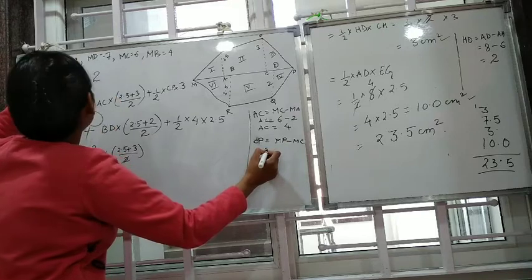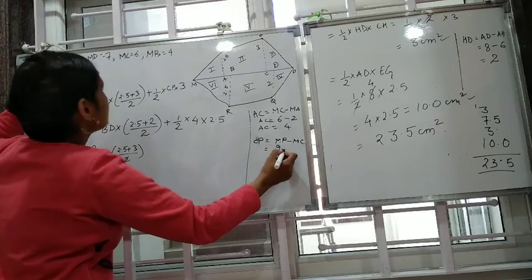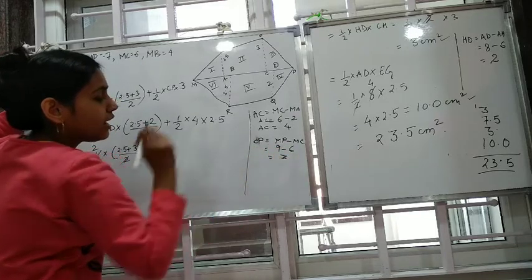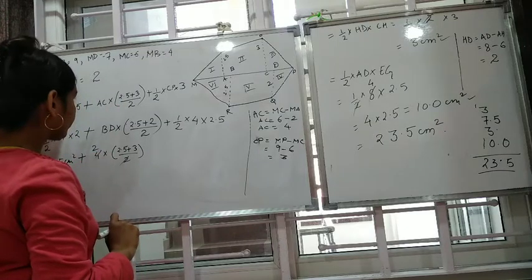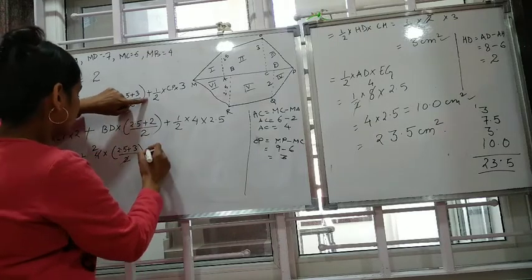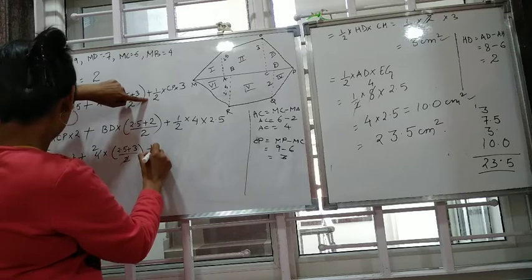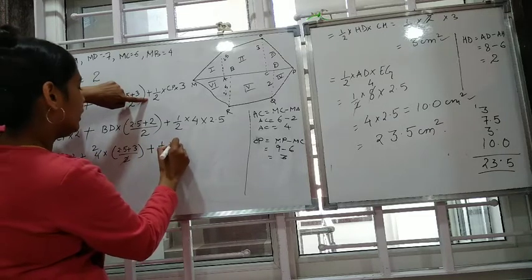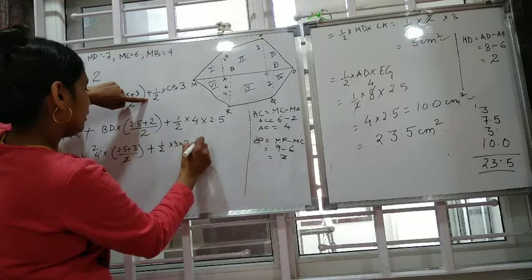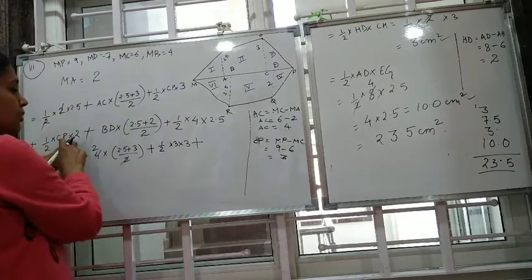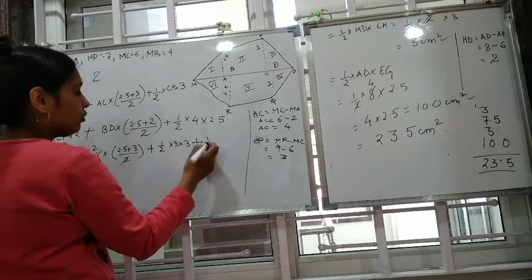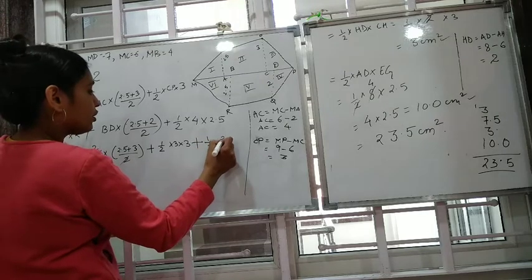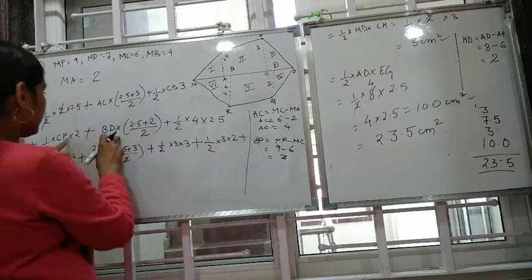How much is MP? 9. MC is 6, which gives us 3. So plus half into 3 into 3. Then plus, come back here. This is also CP, where we have already found half into 3 into 2.